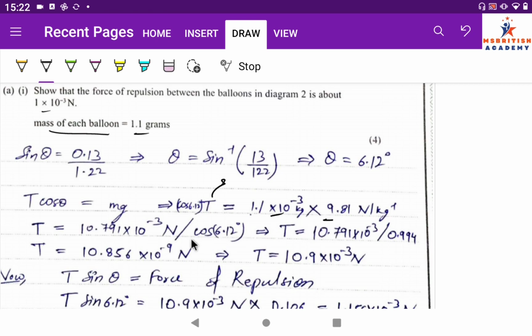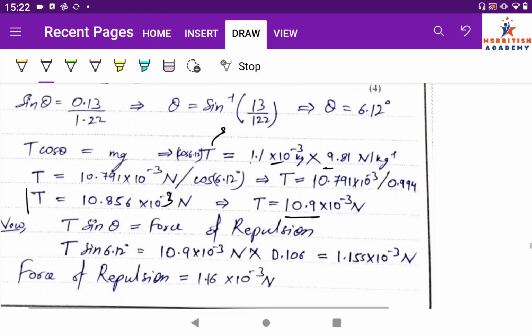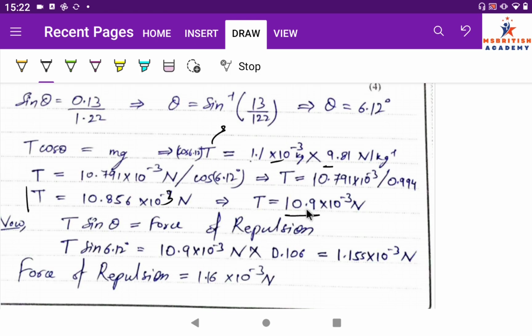And after calculation we get T as this, it was 10 to the power minus 3. So the tension is this.